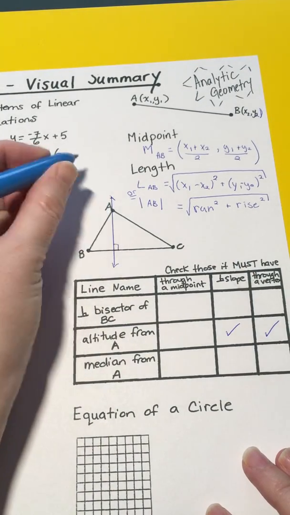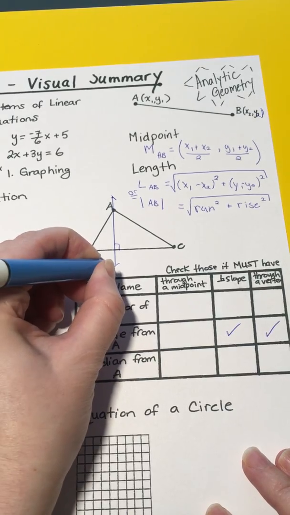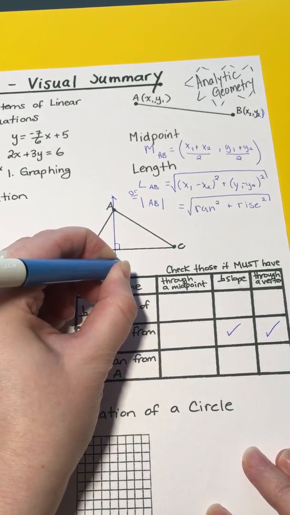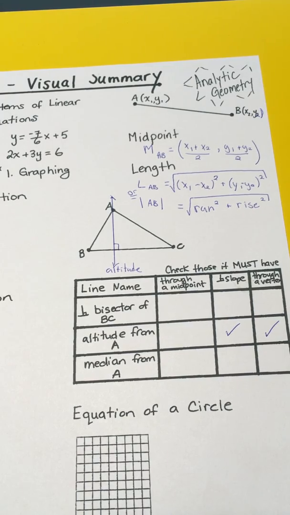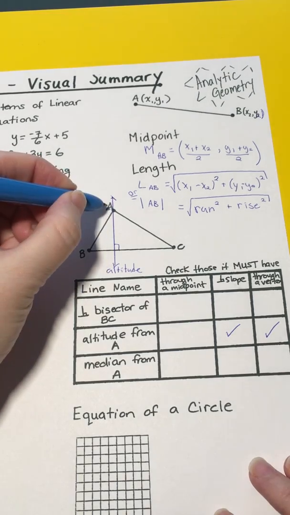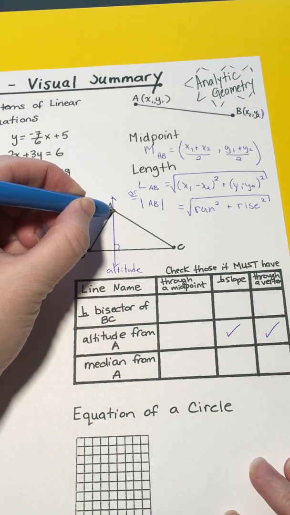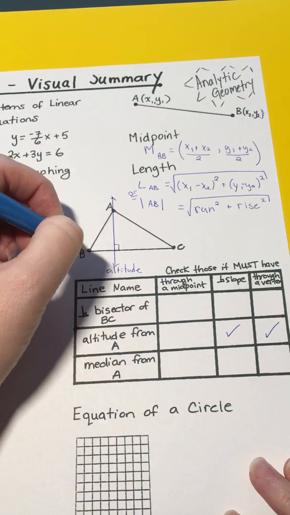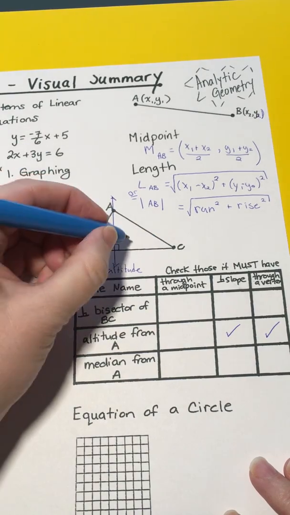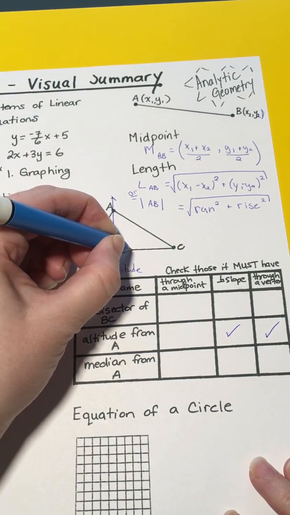And this is going to be called altitude. So I'm going to write that here. Altitude. Okay. Now, the median of a line, again, will go through A, but it's going to go through the halfway point or the median point of B and C. So let's say that's approximately here.